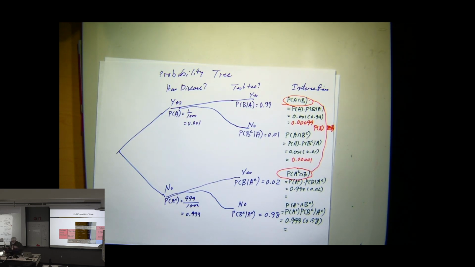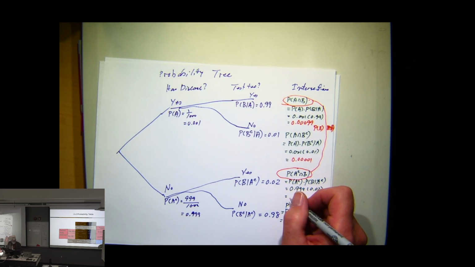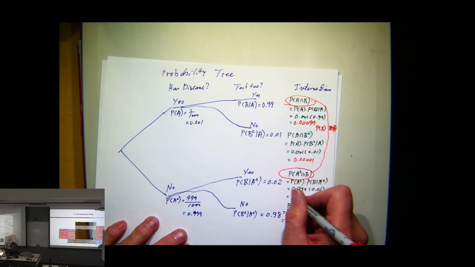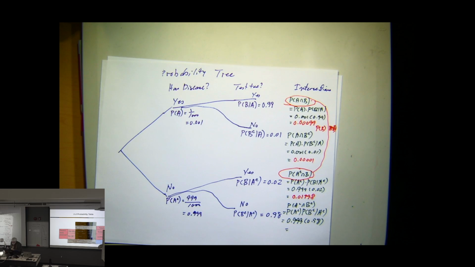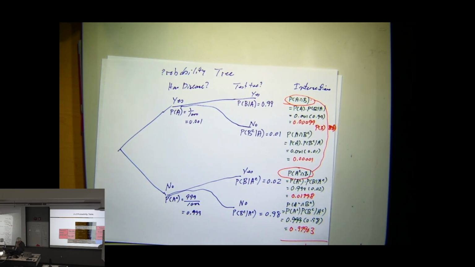So I count enough zeros. This one here, probability of A complement intersect B, comes out to 0.01998. And this one here, this is a big number. Person doesn't have the disease and they test negative. That's most of the people. 0.97903. Of course, all those probabilities will add up to 1.